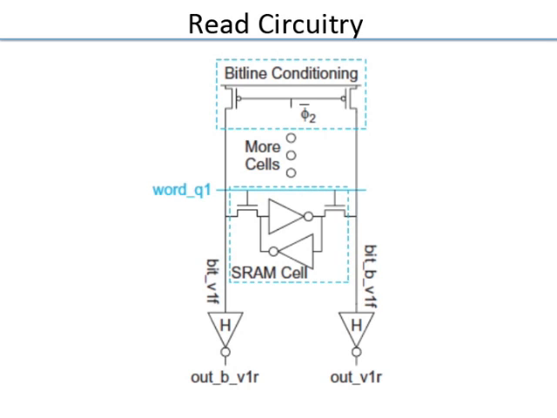We'll see why it will not work, but you have to precharge it. It will discharge to whichever side of the memory cell had a 0. Of the pair of bit lines, that one will discharge, and then you have a simple inverter to get the data out. This is how a read happens.